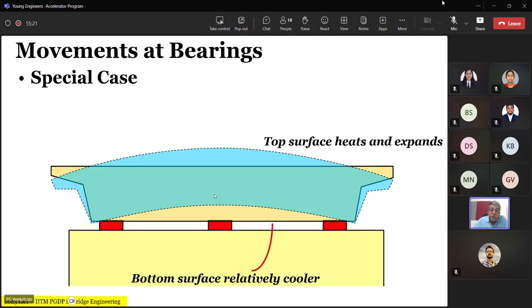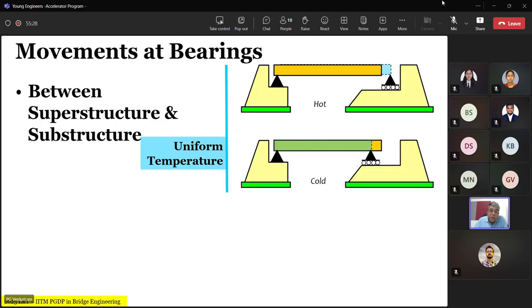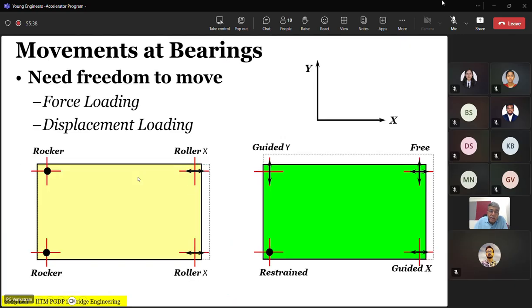and the question was, as you have seen a few slides back, the impact of the thermal gradient. When the top surface becomes hotter, the deck tends to hog in a similar fashion.